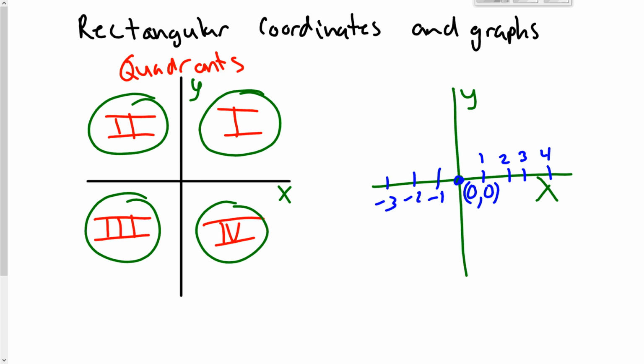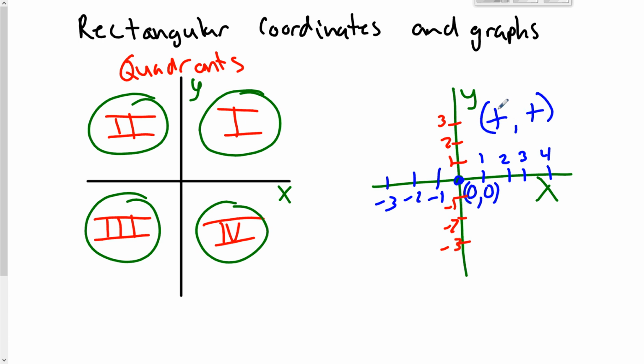Looking at my y's, when I go up, I'm going positive, right? Going up, so 1, 2, 3, 4, and so on. When I go down, that'd be negative, -1, -2, and so on. So when I look at that first quadrant, my x's are positive, and my y's are positive.